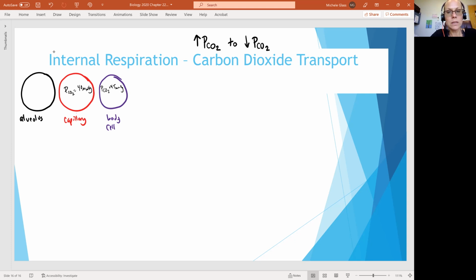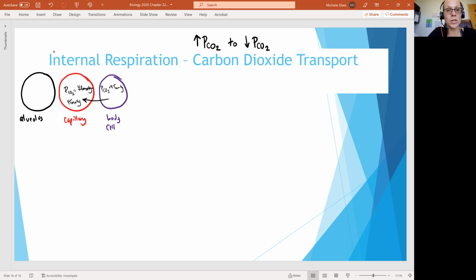And so obviously, if our CO2 moves from high to low, it's going to move from the body cell into the capillary. And so now I'm going to change my partial pressure of CO2 to be 45. So you have the CO2 moving in until you have equal level.